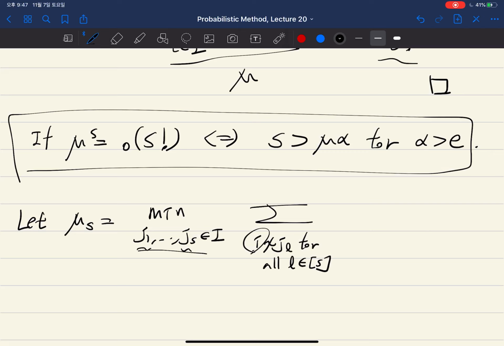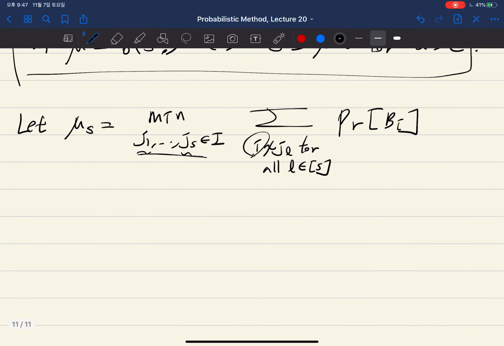If i is related to at least one of them, we forget it, and we take the rest and sum up the probability of Pi. Then this is mu S. And when we choose J1 to Js, we choose the one which makes this the smallest.